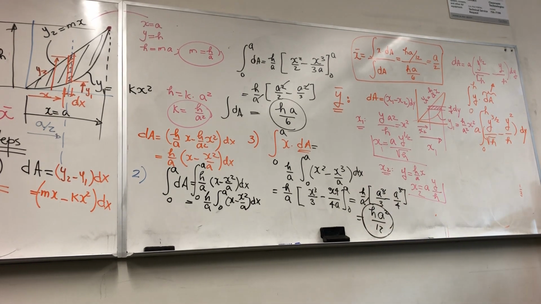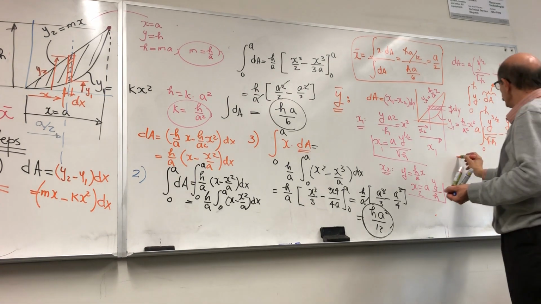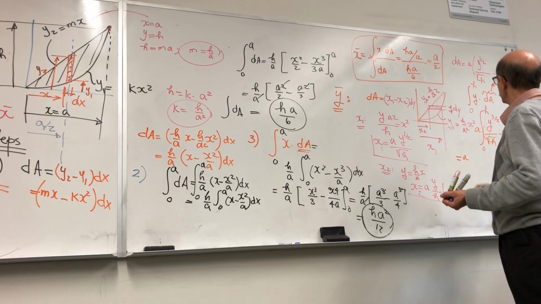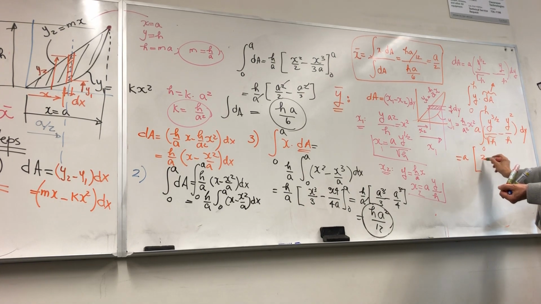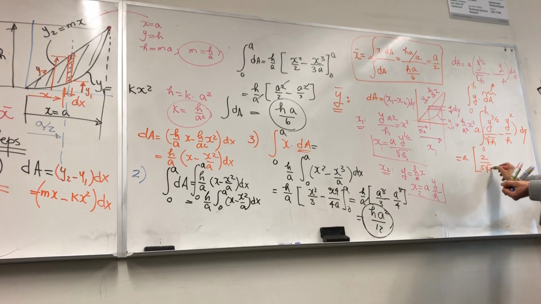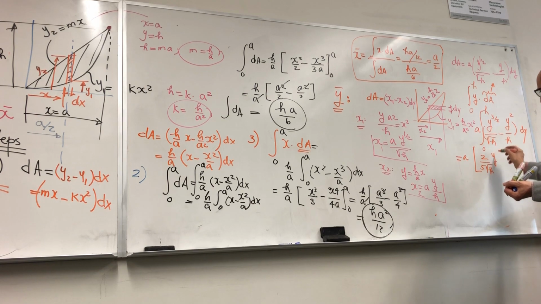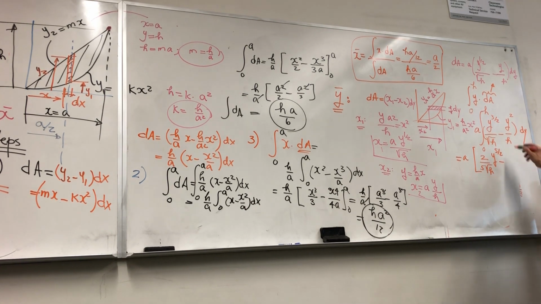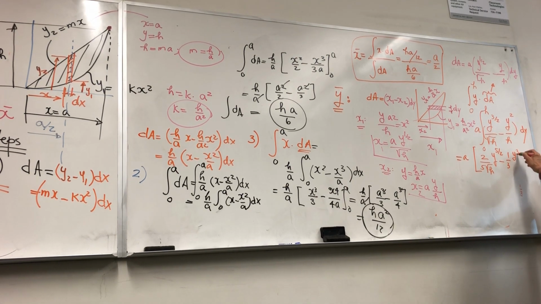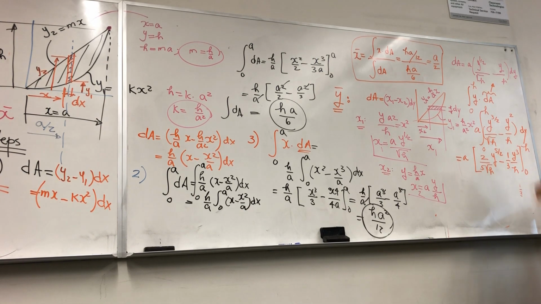Okay? So perform the integration: you have a times 2/5 of y to the 5/2 minus 1/3 of y cubed over h, from 0 to h.